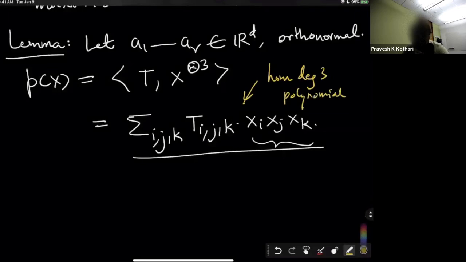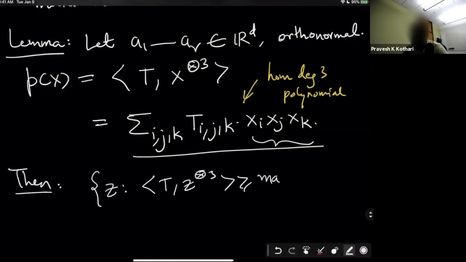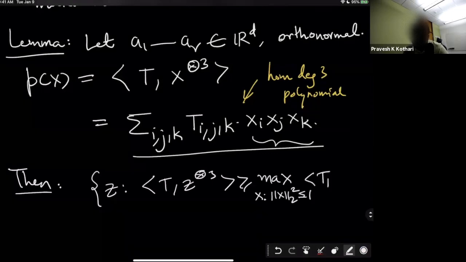Okay. And then, let us consider the following set of maximizers of this polynomial over the unit sphere.